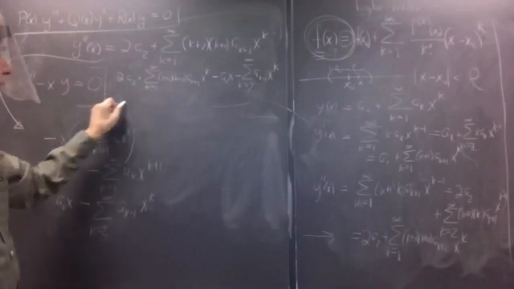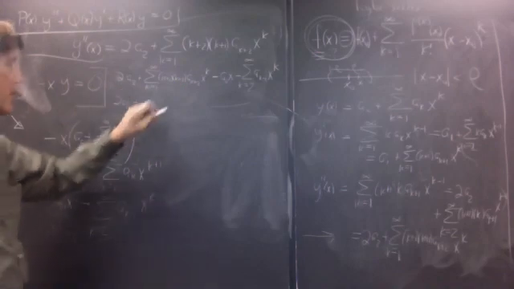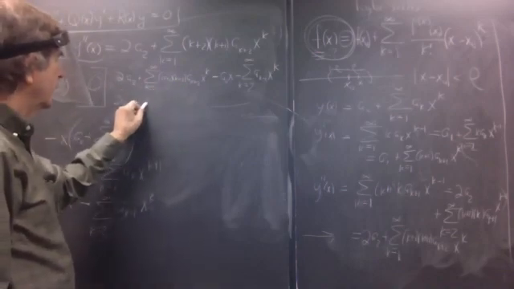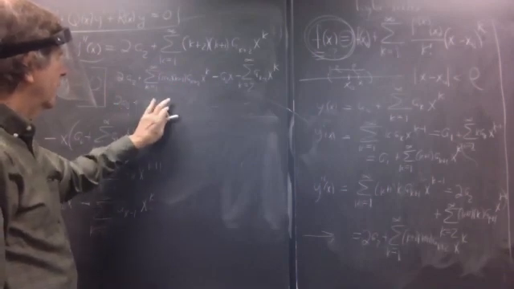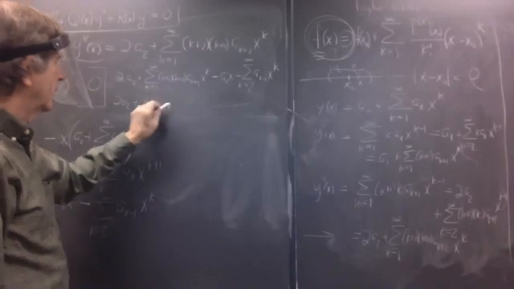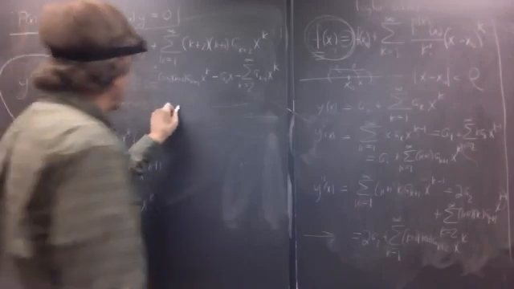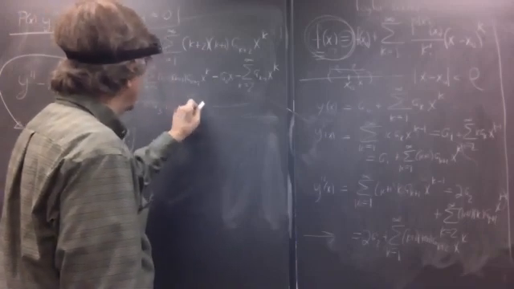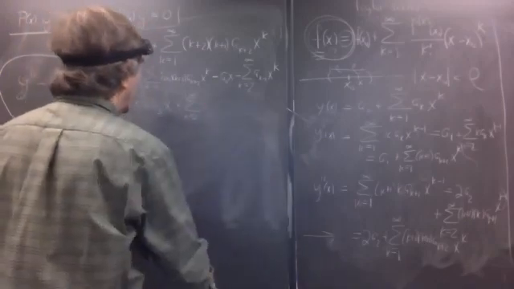So I write this as 2a2 plus let k equal 1, and I will get 3 times 2, so I'll get 6 a sub 3 x, I'm sorry, x to the just 1, plus the sum from 2 to infinity. And as usual, I have a little space problem.